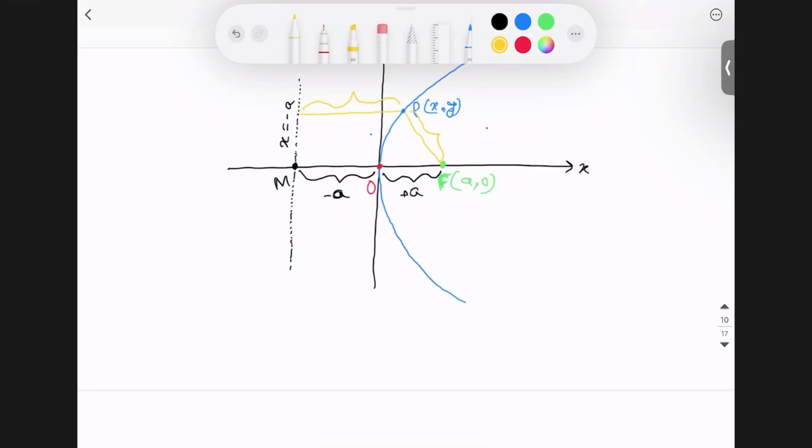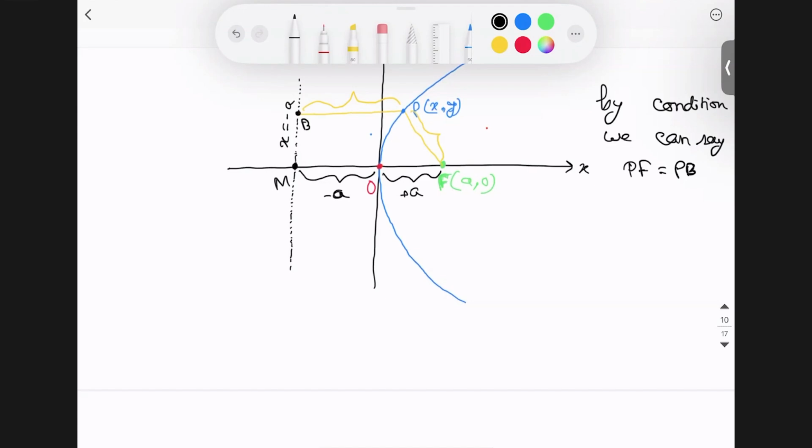So, by condition, you can say that we can denote the point by P, and this point by B, so PF equals PB.